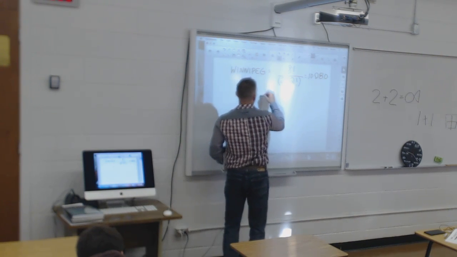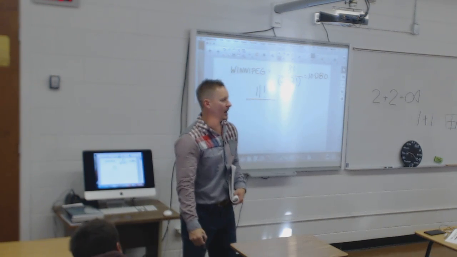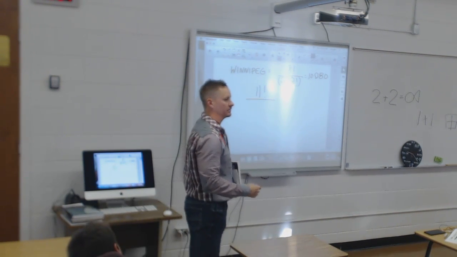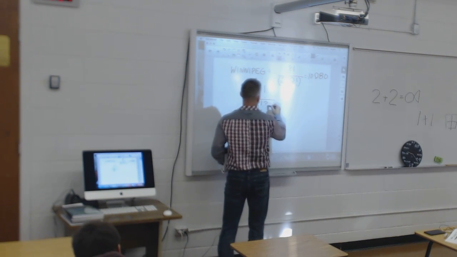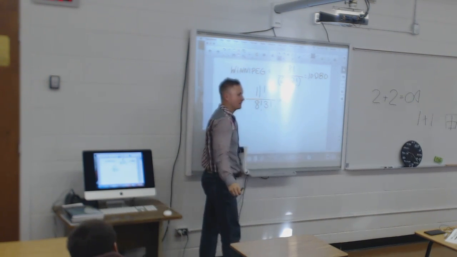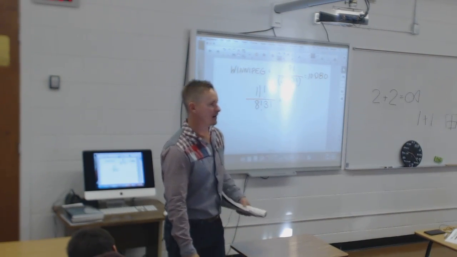So this question is designed like this, 11 factorial. How many blocks does he have to go west? 8. And north? 3. So you can go 11 factorial over 8 factorial, 3 factorial.